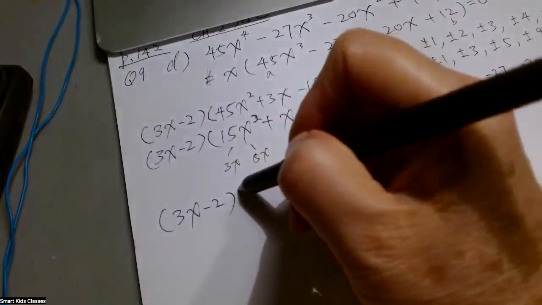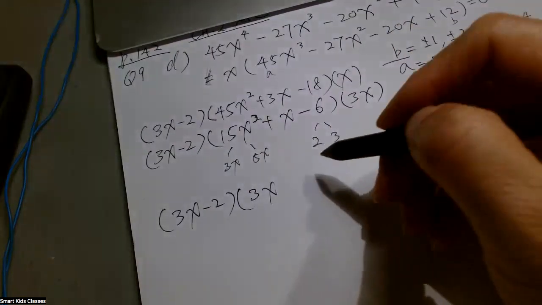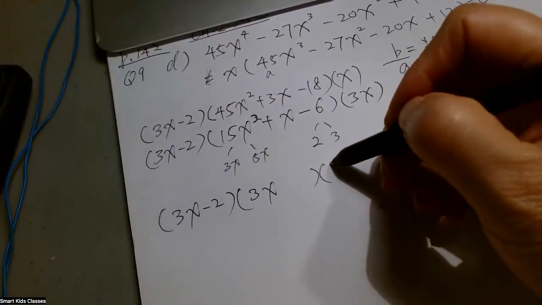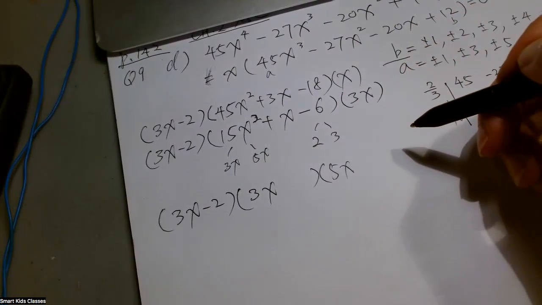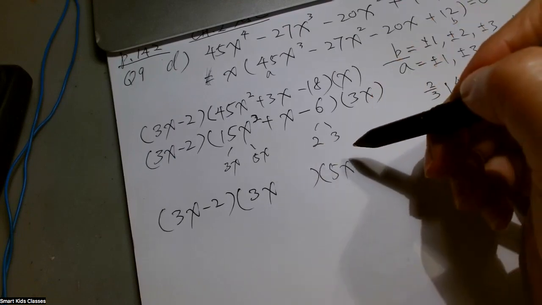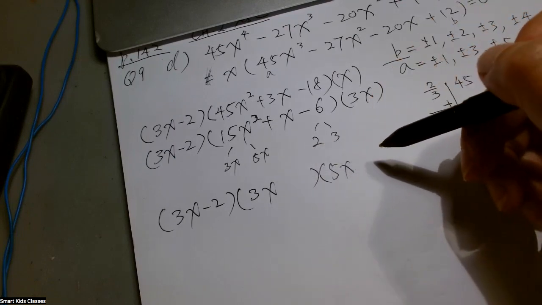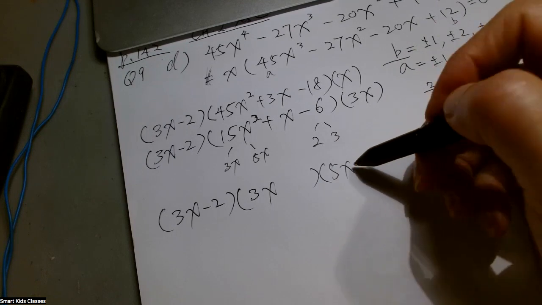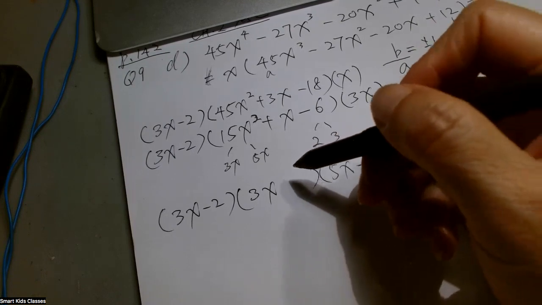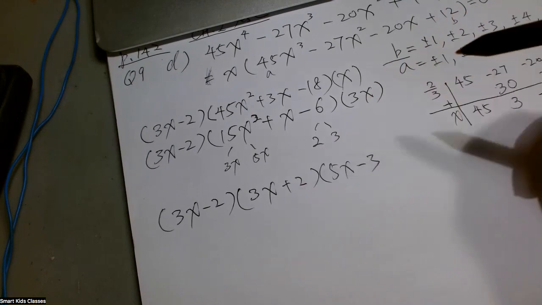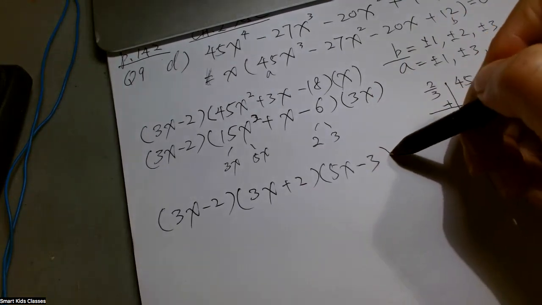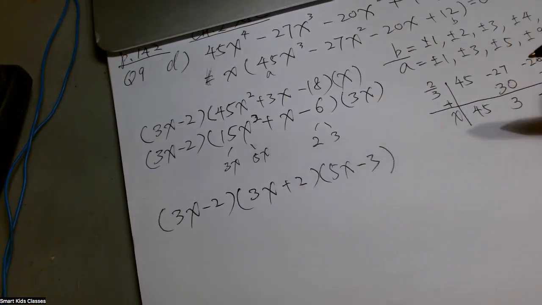3x minus 2, and 3x, and that's going to be 5x. So we want a 10. So we're going to have 5x minus 3 and a 2 here, and then we are going to get a 1 there.